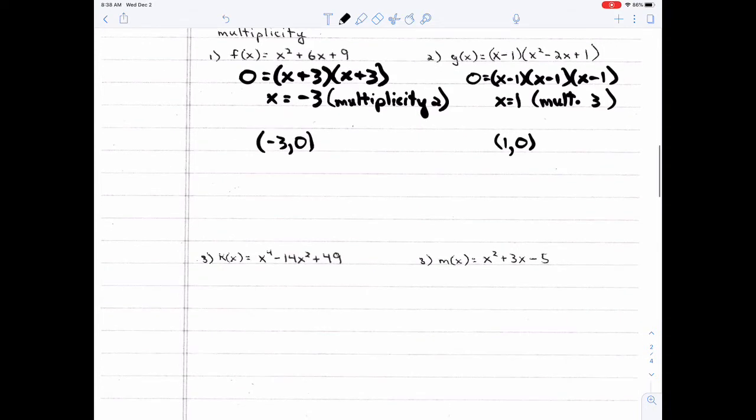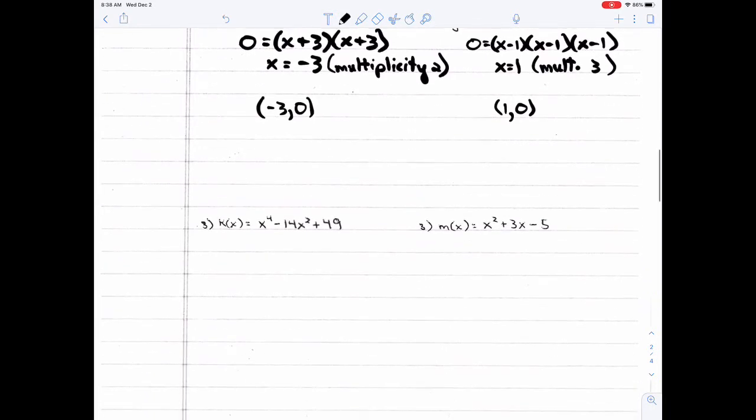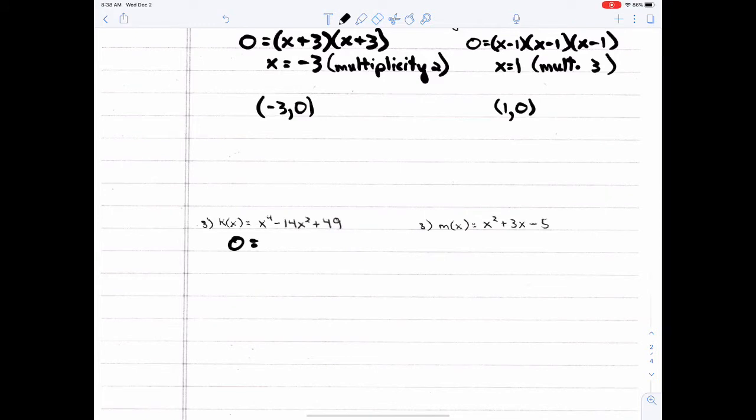Okay, let's take a look at this. The first thing are the zeros, and then the second's the x-intercepts. So we're finding zeros first. So this would be x minus, sorry, that's not correct. Again, I'm going to go back a little bit more to factoring. What times what gives us x to the fourth?